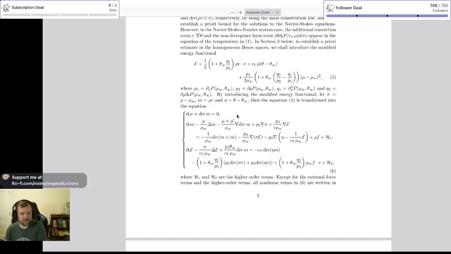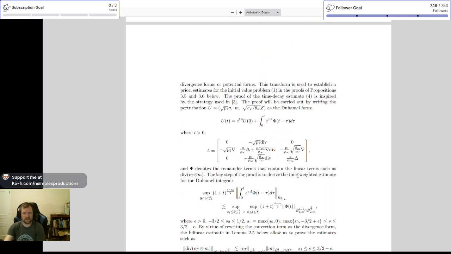Equation 1 is transformed into the following system of equations. H1, H2 are higher order terms, except for external force terms and higher order terms. All nonlinear terms in 6 are written in divergence forms or potential forms. This transform is used to establish a priori estimates for initial value problem 1 in proofs of propositions 3.5 and 3.6 below. The proof of time decay estimate 4 is inspired by the strategy used in 3.